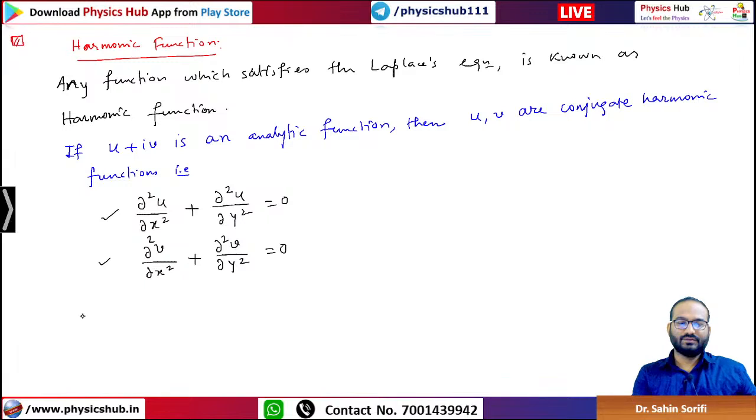So you can write it as a note. What is u? u is the real part of the complex function. What is v? v is the imaginary part of the complex function.